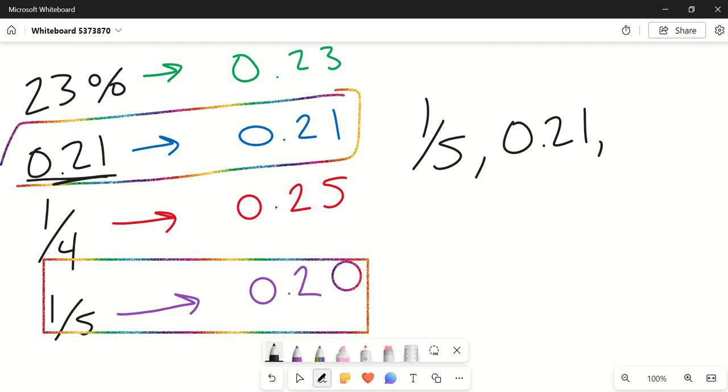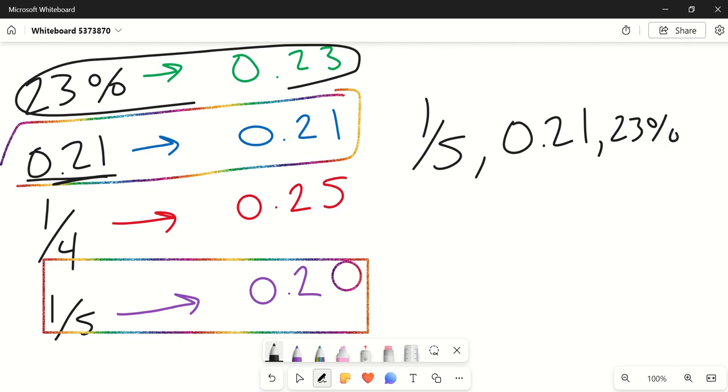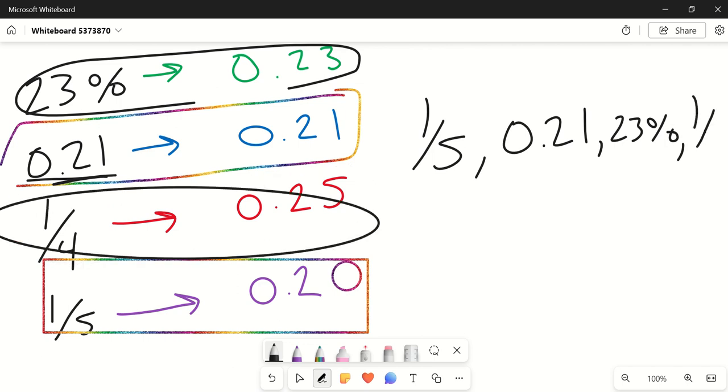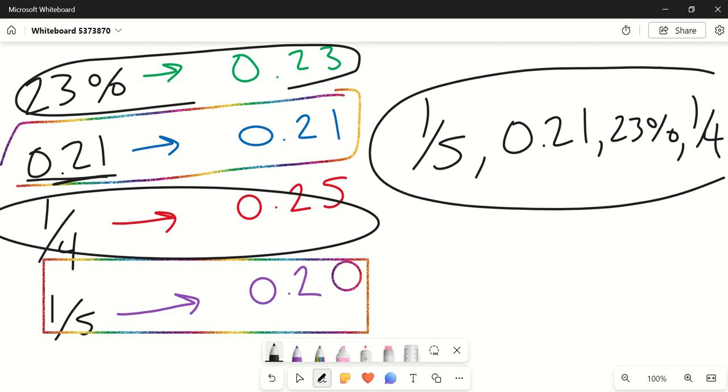Then we're going to have the 23, which was 23%. And our biggest one will be the 1/4, the 25. So from least to greatest, it'll be 1/5, 0.21, 23%, and 1/4. And that is how you order from least to greatest these rational numbers.